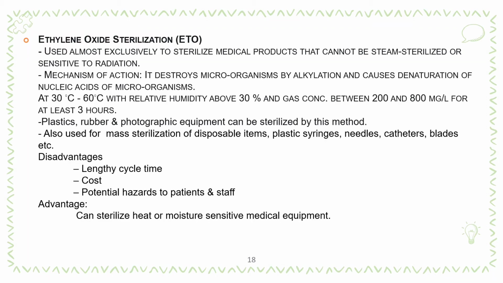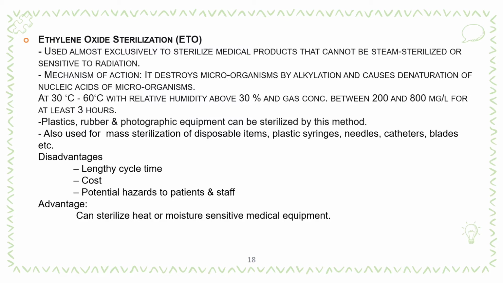Ethylene oxide sterilization. It's used mostly and exclusively to sterilize medical products that cannot be steam sterilized or are sensitive to radiation. Mechanism of action: it destroys microorganisms by alkylation and causes denaturation of nucleic acids of microorganisms.